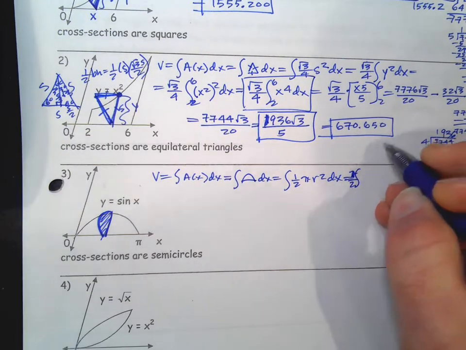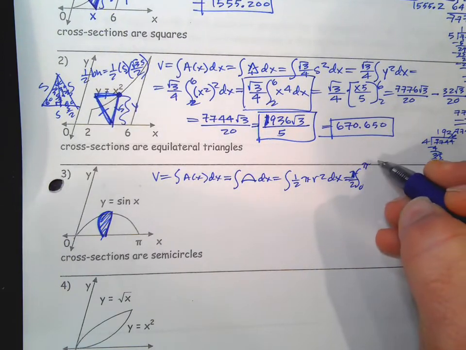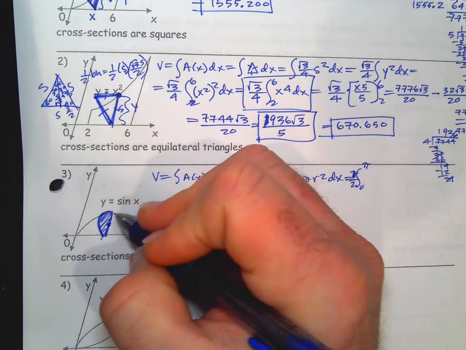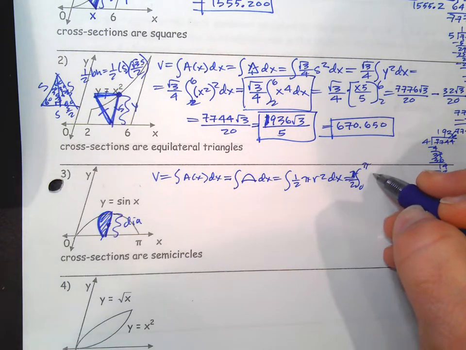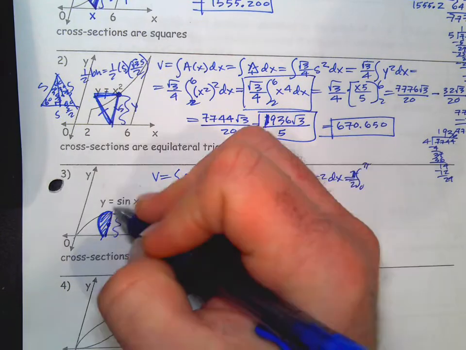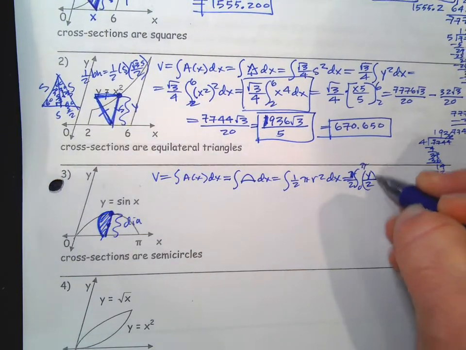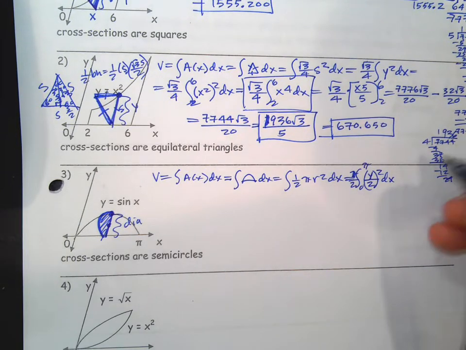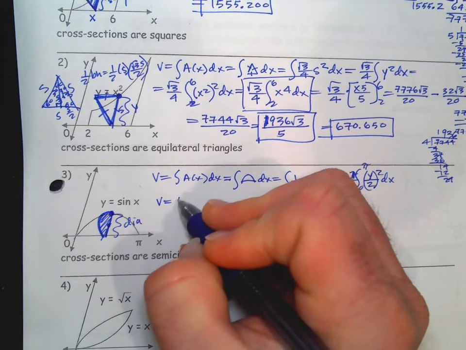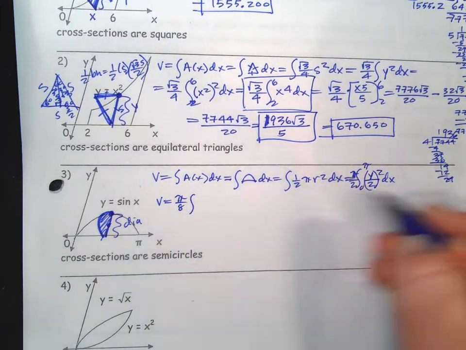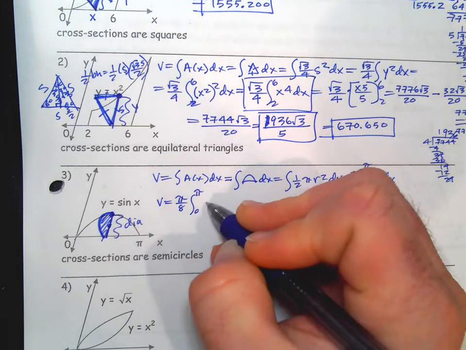So going 0 to pi, and this is the diameter, so the radius is half of that. So this gives me the y value along the curve divided by 2 squared. Again, we need this in terms of x though. So we can write pi over 8 now in front, square root of 2, 0 to pi. The y value is sine x.